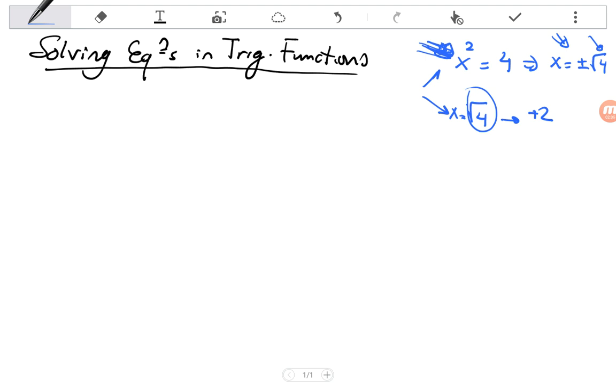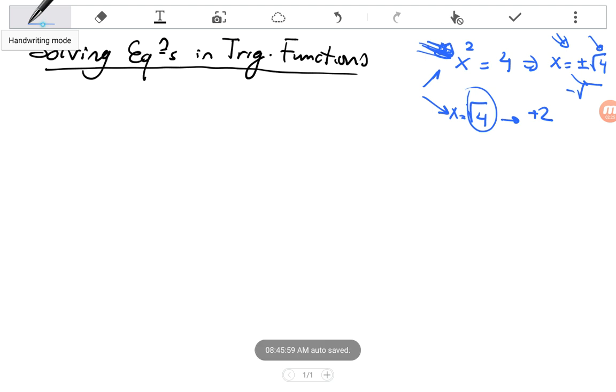This is one solution, but we need to find all other solutions. We will find that other solutions are described in terms of the inverse function, which in this case is the negative of the inverse function.